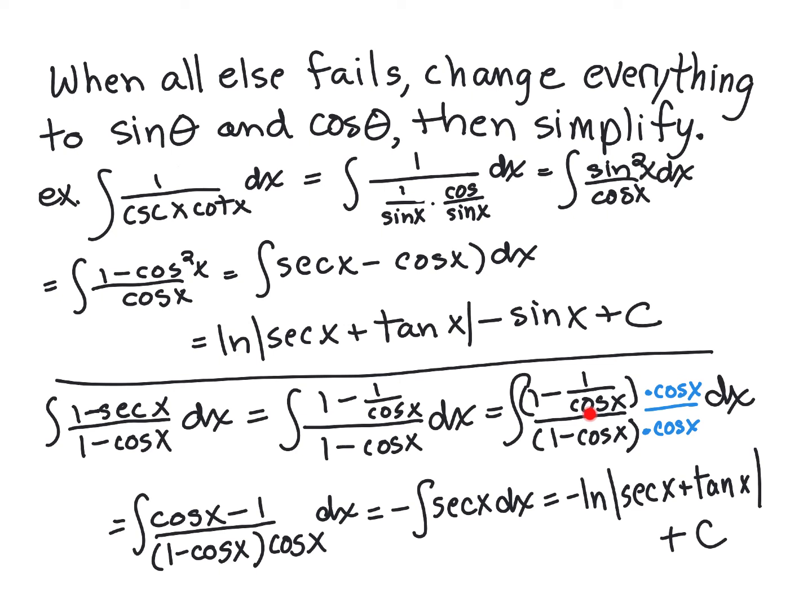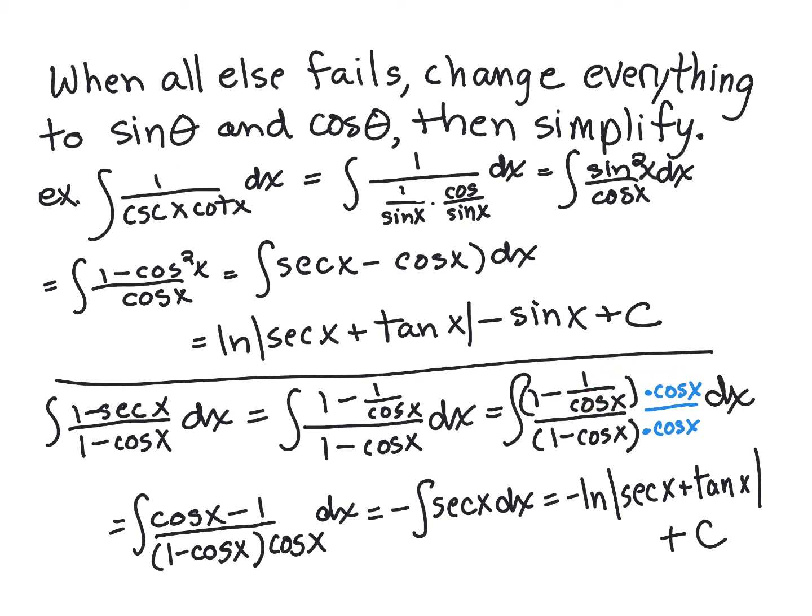And remember, it was the top that I was messing with. So I'm going to choose to leave the denominator factored, and you'll see that it plays out in a minute. Take this cosine and distribute it to each of these pieces. I'm going to get the cosine minus 1.